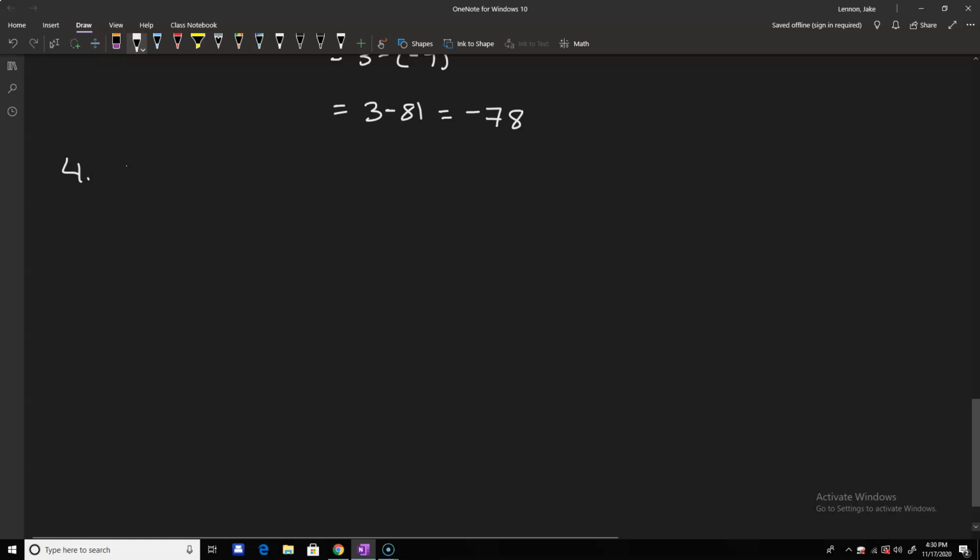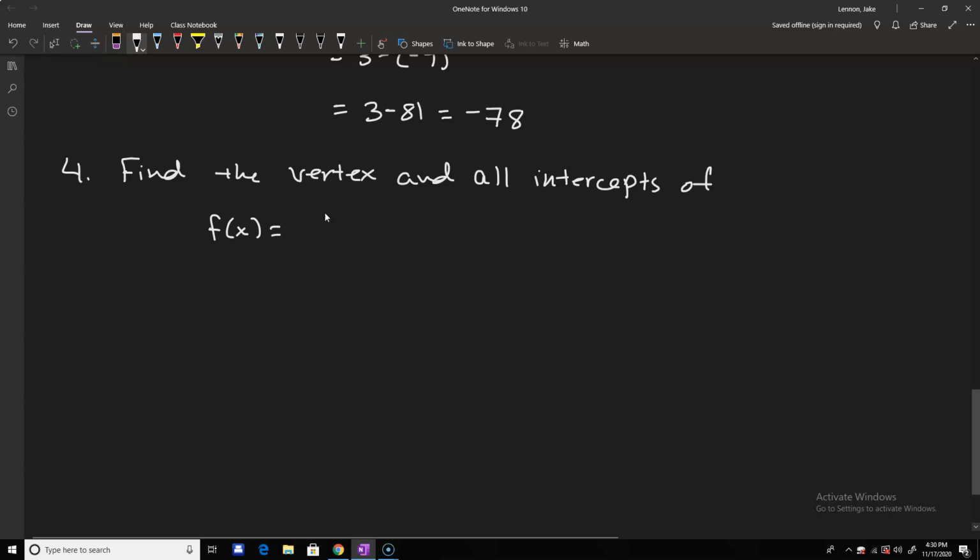So find the vertex and all intercepts of f of x equals 2x squared minus 8x plus 16.